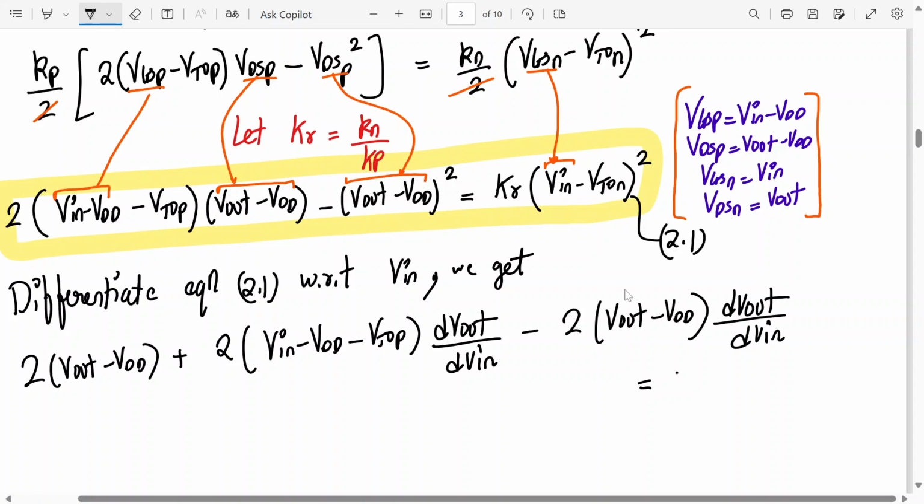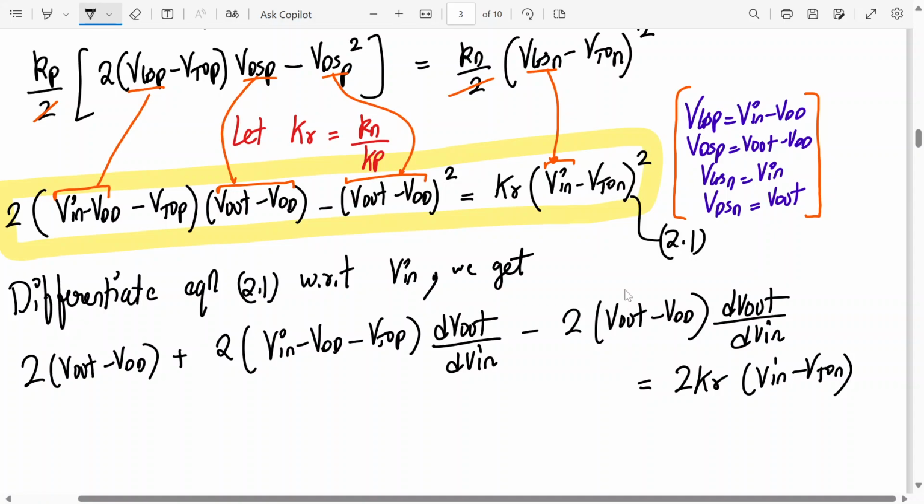and that is equal to twice KR (V in minus VTON).